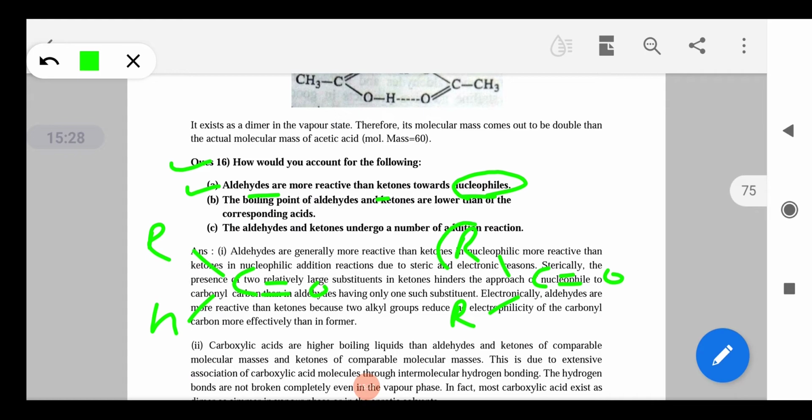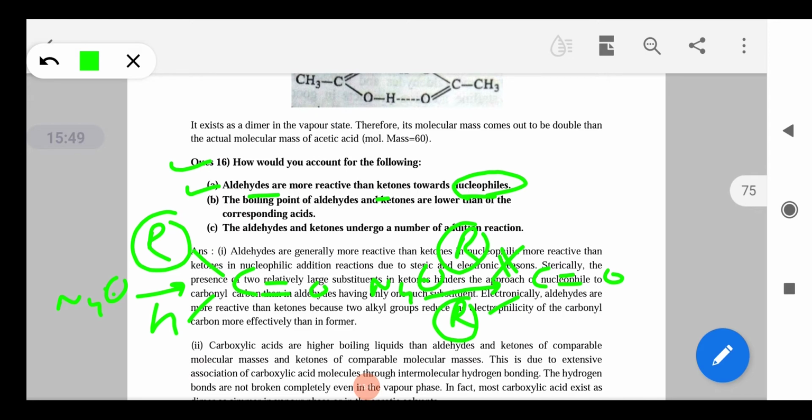Now the two alkyl groups are the bulkier groups, so it causes steric hindrance, so attack of nucleophile becomes difficult in case of ketones. But in case of aldehydes, there is only one alkyl group, so nucleophile can easily attack on the carbonyl carbon atom.